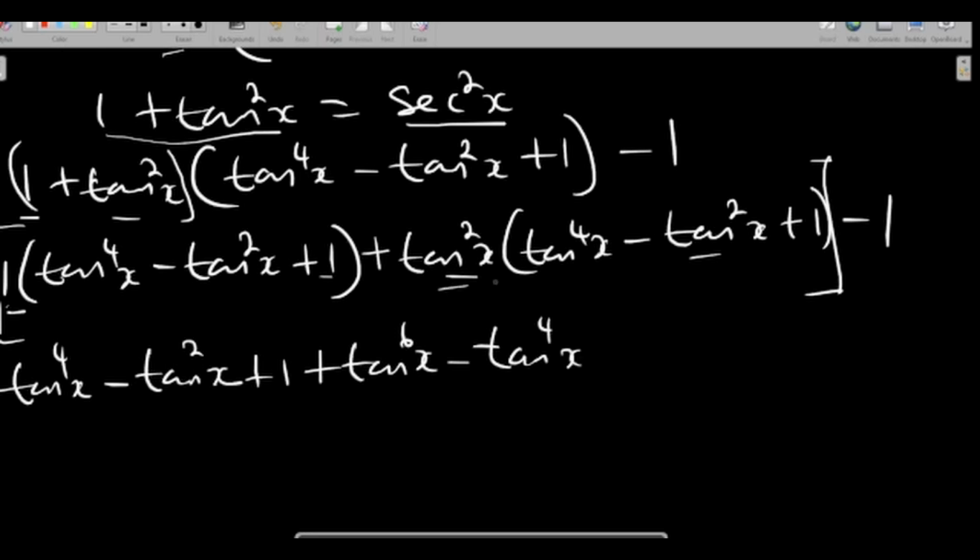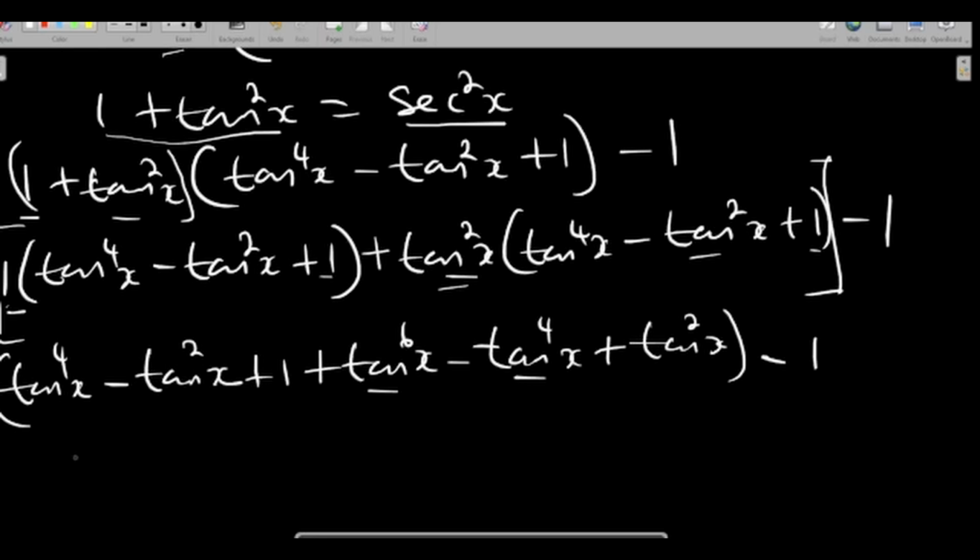Then lastly, tan squared x multiplied by 1 will give you plus tan squared x. We shall also enclose all this in the bracket, and outside we have minus 1. All right, now let's simplify this. I'm going to rearrange this, starting from the 6, I'll pick from 6, from 4, and then downwards.